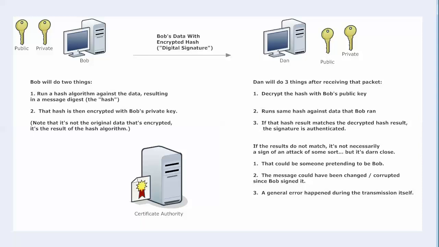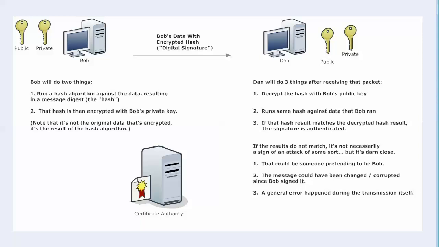The third one here I've seen in some documentation over the years. It's left out of others, but a general error happened during the transmission itself. I know that sounds like a CYA there. Maybe it is. But most likely, if that hash does not match, either there was actually some corruption to the data, to the signature, or it could be someone pretending to be Bob.